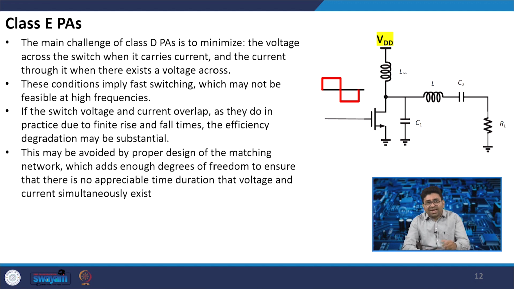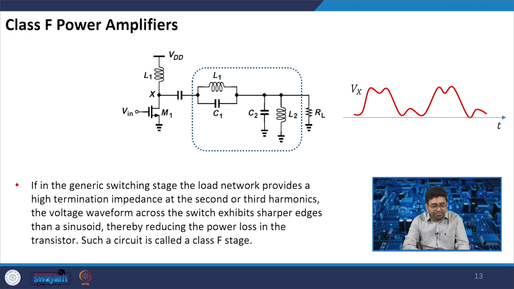Now there is a class F power amplifier. So in class F power amplifier, what has to be done? We will use the M1 transistor as a switch only, but the way we improved the efficiency in class A amplifier, by making the input impedance look low for the fundamental frequency and high for the other harmonics, it improves the efficiency.